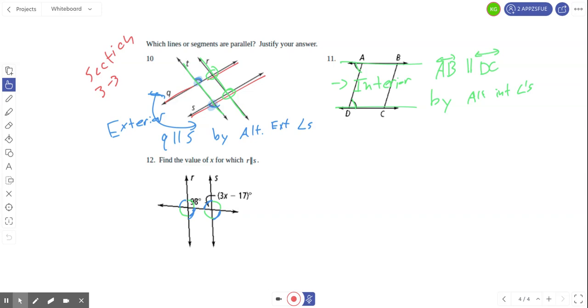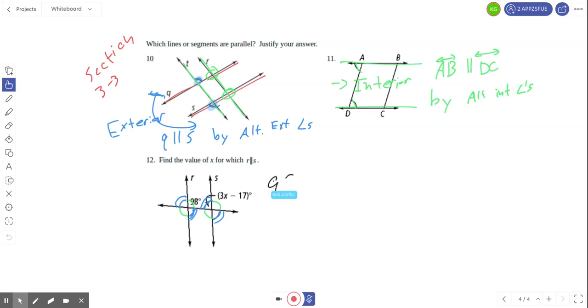All the green angles, and I should put 2 arcs for the other set, because that's the way to show they are different, but the blue ones are also congruent. So all the green angles are congruent, all the blue angles are congruent, and any green-blue pair will add up to 180. They will be supplementary. So 98 and 3x minus 17 are a green-blue pair.